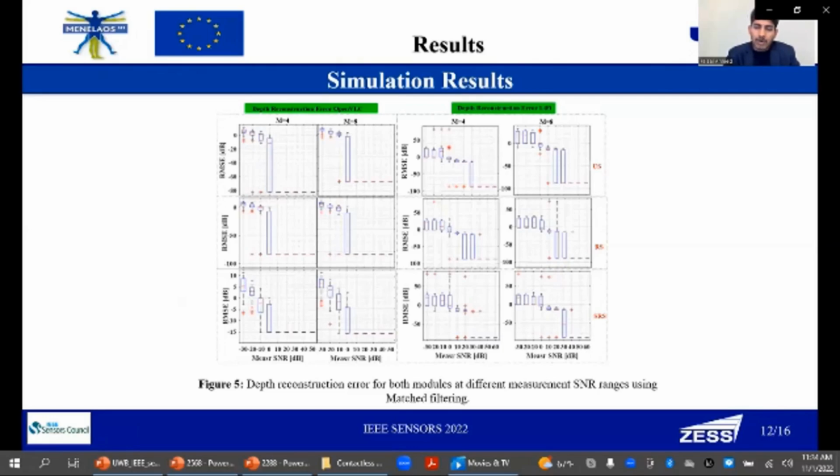We achieved better performance with uniform and random sampling in comparison to sparse ruler sampling, because sparse ruler has a mismatch between the fine grid and the grid required by the sparse ruler. So in this case, sparse ruler performance degrades.